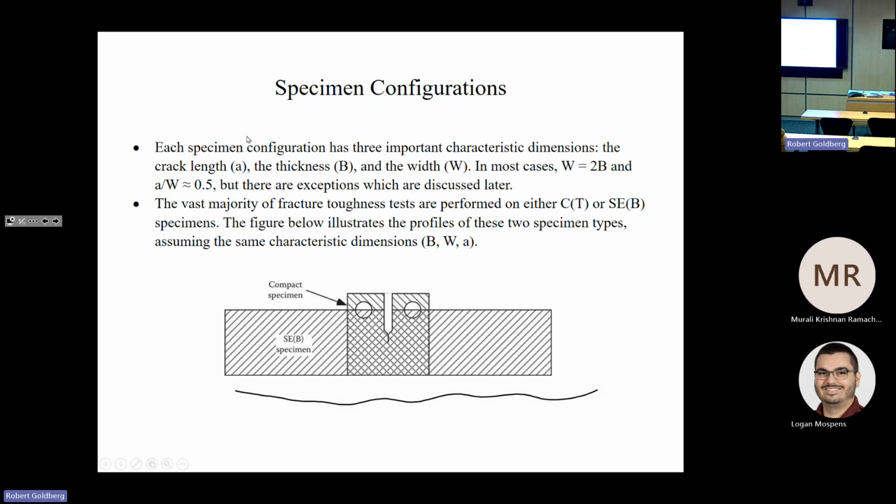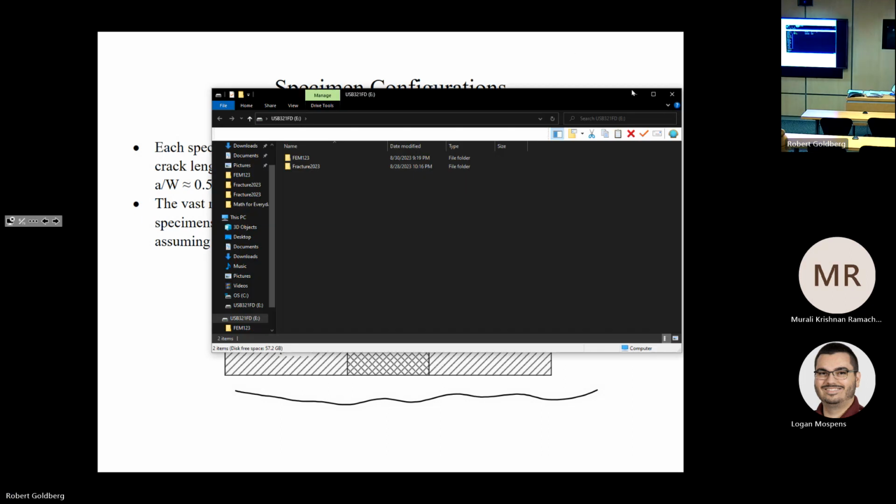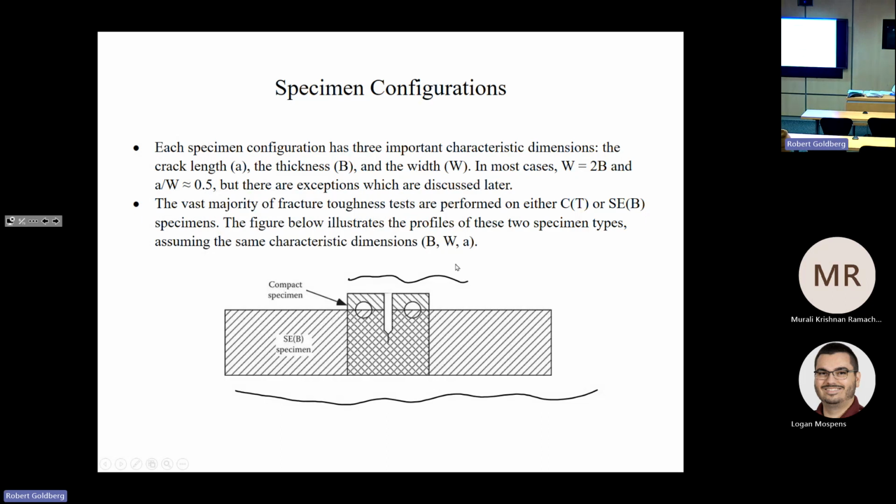Now, the compact tension specimen obviously consumes less material, but this specimen requires extra material in the width direction due to the holes, because you actually put rods in here.